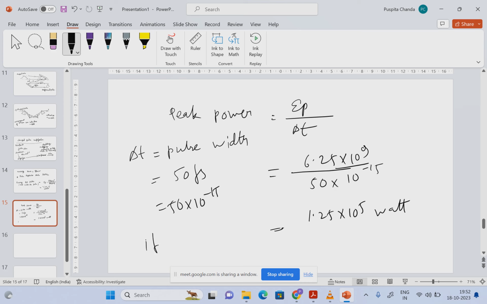So you can see that if delta T increases, which happens when stretching, peak power decreases.